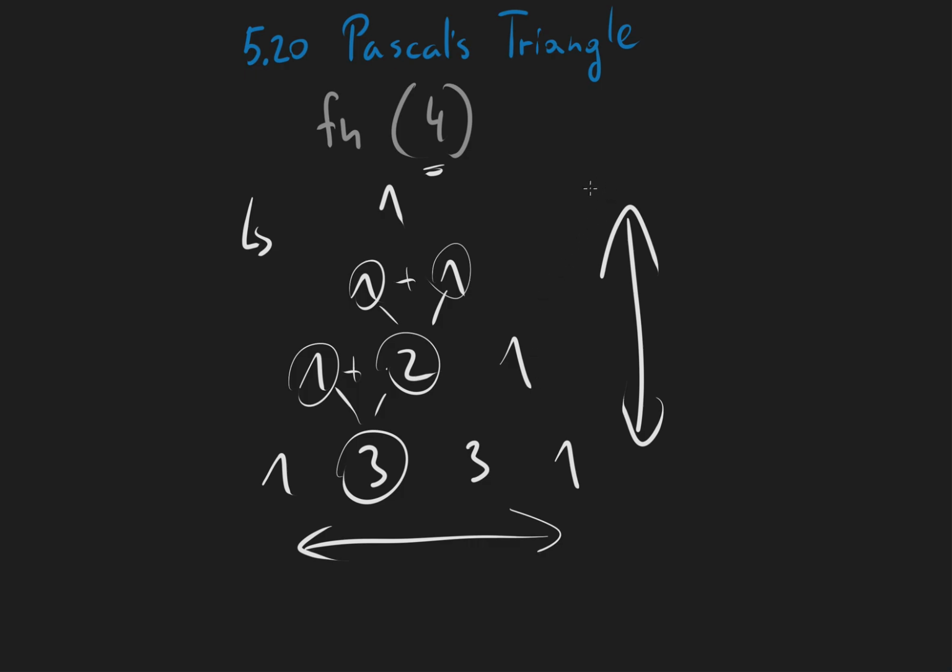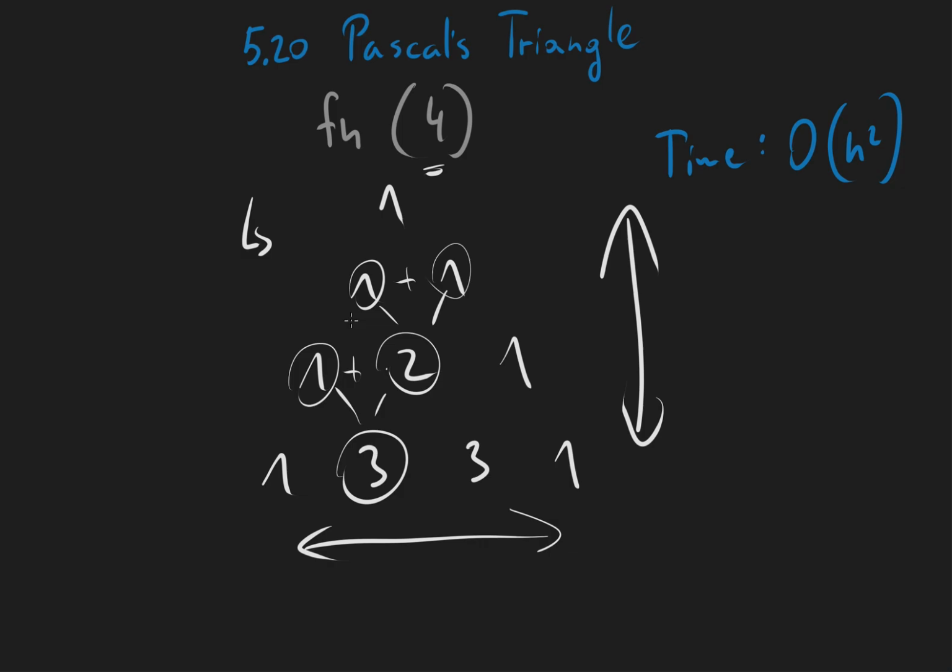So the runtime is actually not O of n, but it's n times n, which is O of n squared, right? And it's the same for space, because we need to construct an additional 2D array, right?